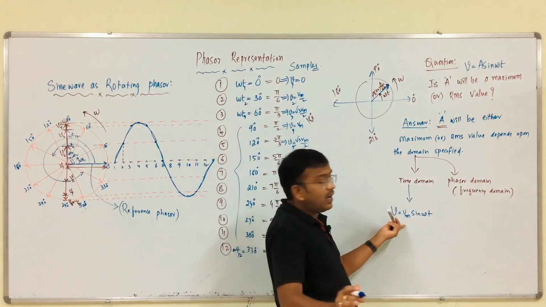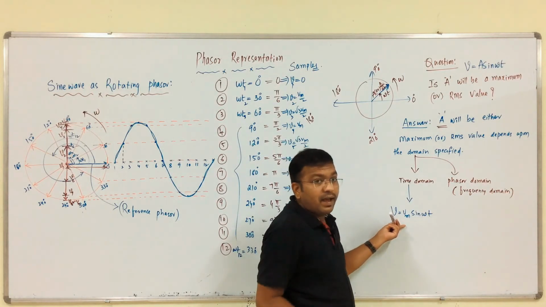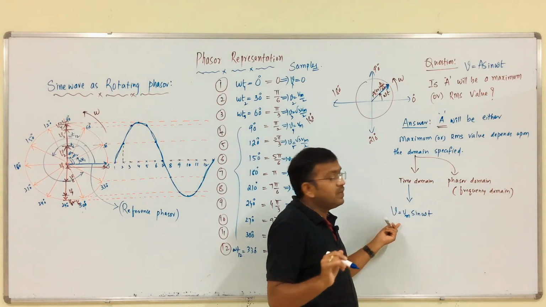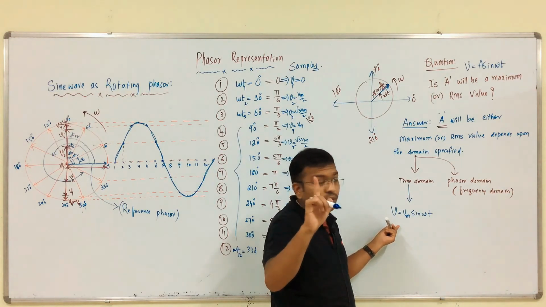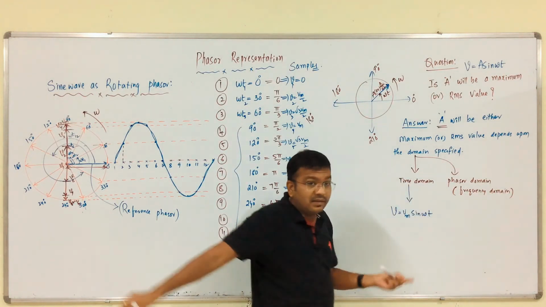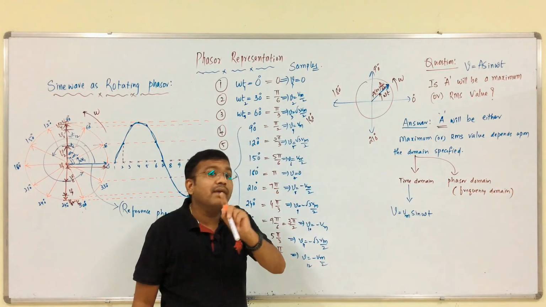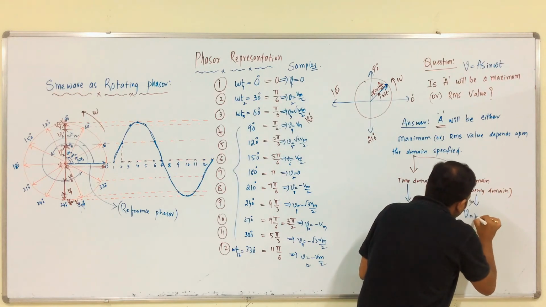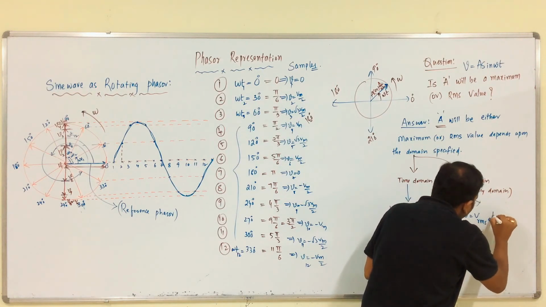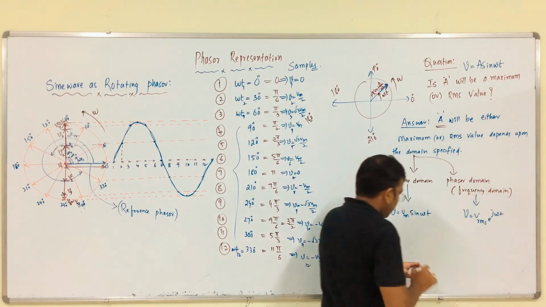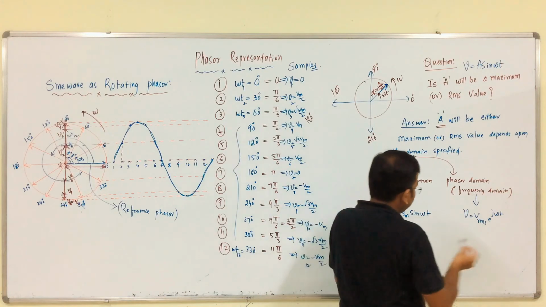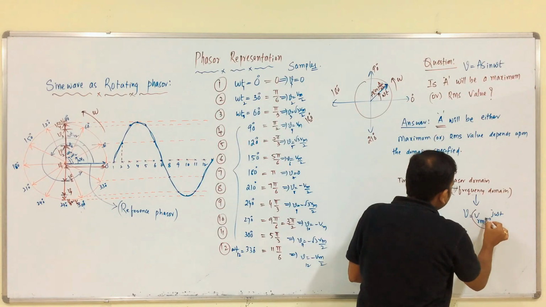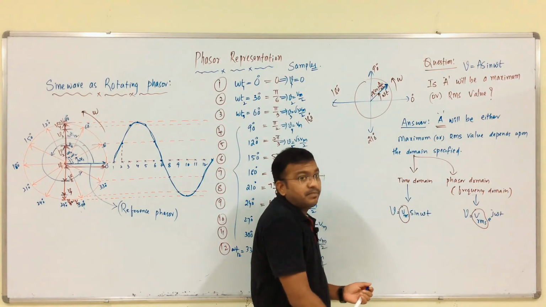If the examiner provides the voltage applied to that AC circuit as V equals Vm sin omega t, then you have to take it as the maximum value. Then if the examiner provides V equals Vrms e power j omega t, this is Vm and this is Vrms.